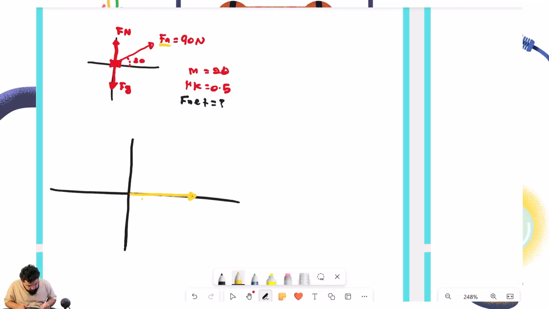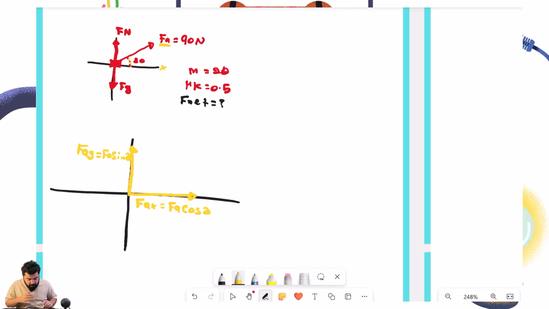This is going to be FAX, which is equal to FA cosine theta. Why cosine theta? Because the angle is made with the x-axis. And also we're going to have FAY, which is equal to FA sine theta.